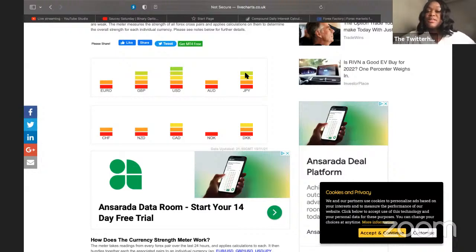The thing about livecharts.co.uk is that it doesn't automatically refresh. So when you're doing your analysis in TradingView and get into whatever trade idea makes sense for you, you have to come back and hit the refresh button to make sure that currency is in your favor, that the strength is right.